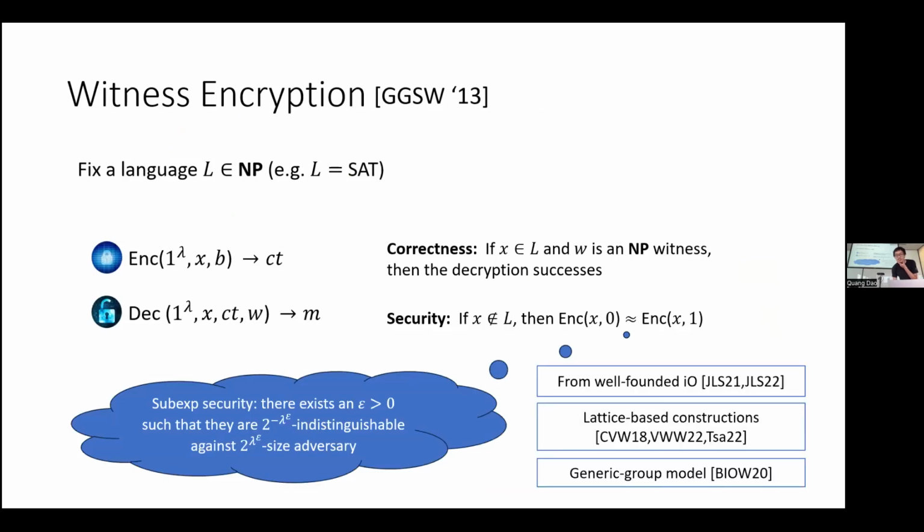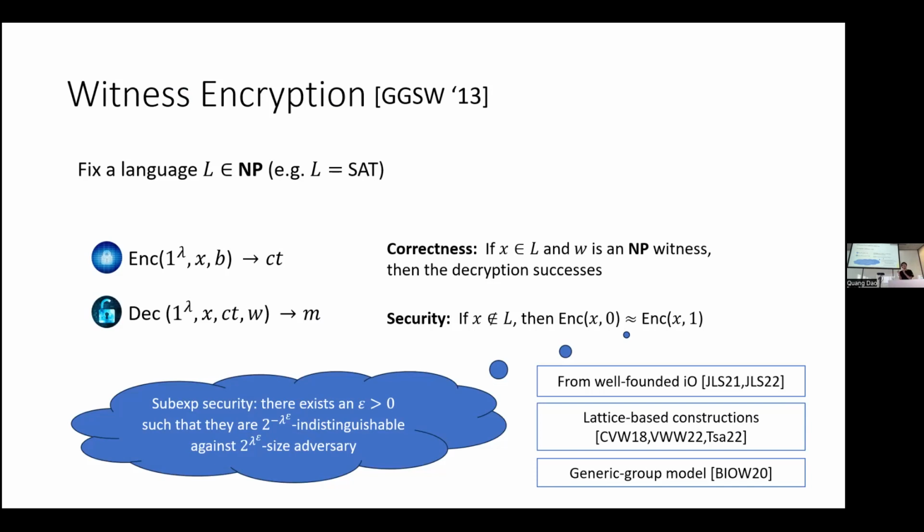Yeah, here's the page. We can use well-founded IO, and actually in our paper we just use IO as the assumption because people quite like this result. What we did is just implement the witness encryption scheme using IO. You also have some other constructions which are lattice-based, but they are not quite the same as the standard lattice crypto systems.